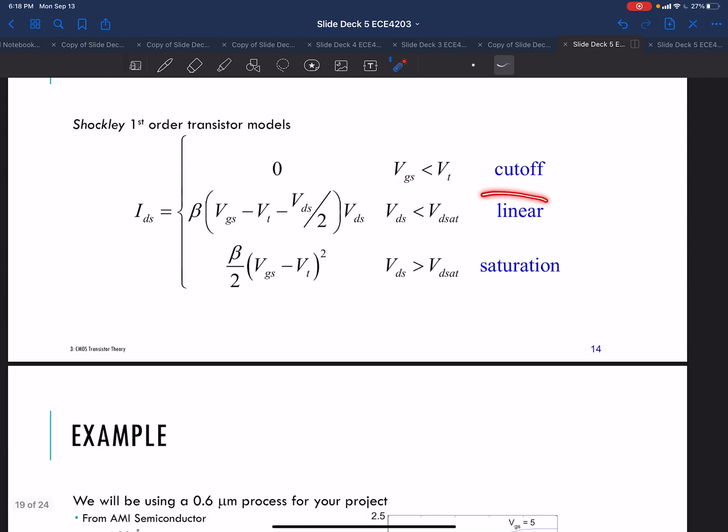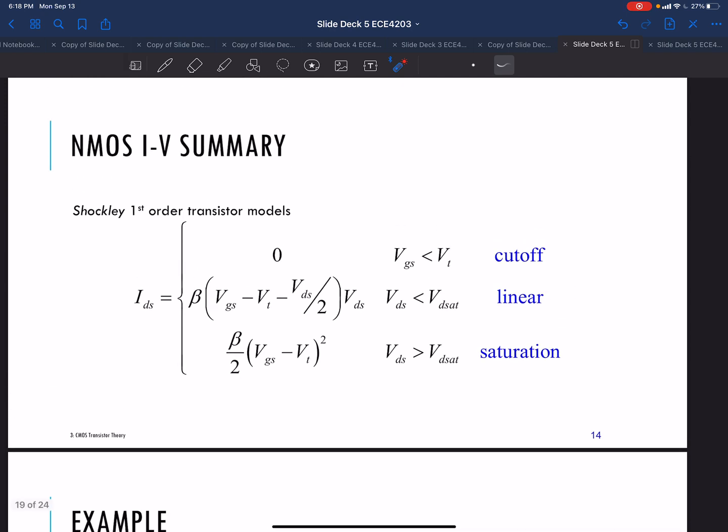Then in the linear domain, VDS is less than VDSat, and VGS is greater than VT. So both of these conditions have to hold.